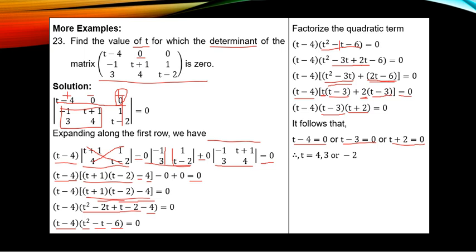So you have linear equations. To get t, you simply transfer the constant terms, minus 4, minus 3, plus 2, to the right hand side. That gives t equal to 4, 3 or minus 2. You have solved the equation in matrix using determinants.